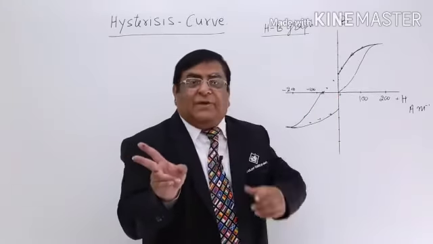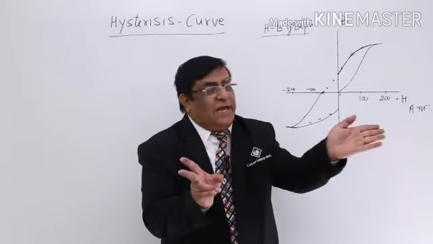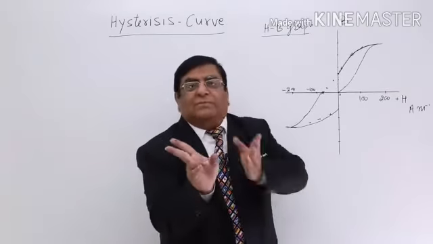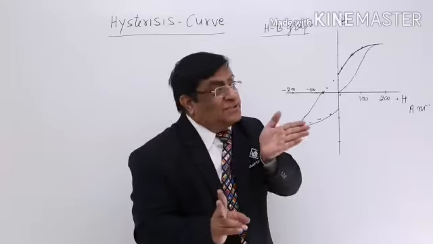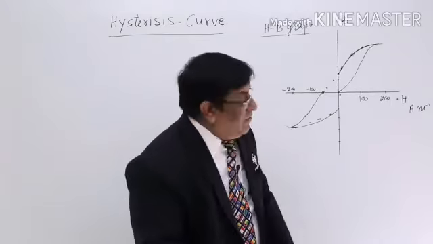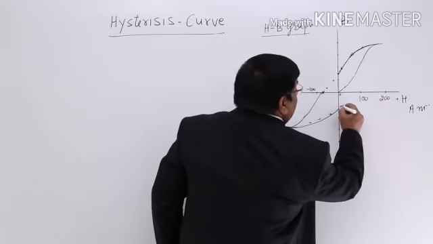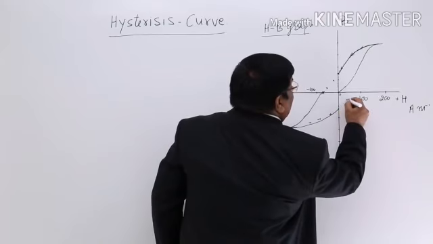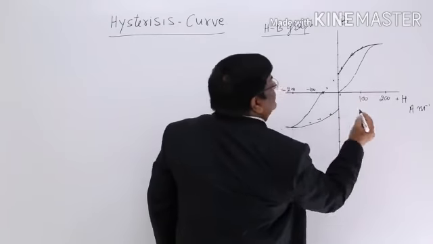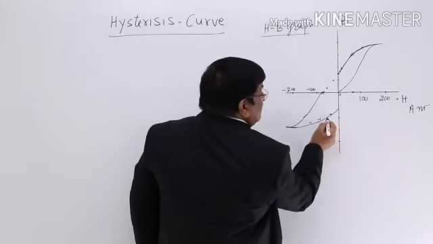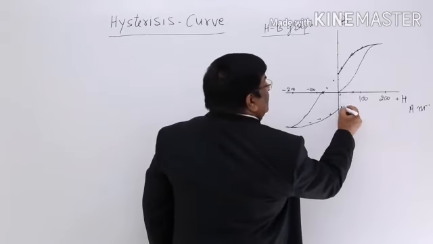After that we make H in this direction. So what happens? These two are broken by this H. Which H? Positive H. So now when we make this H positive, this B has to break up and become 0. So at a certain value of H positive, this negative B has become 0.